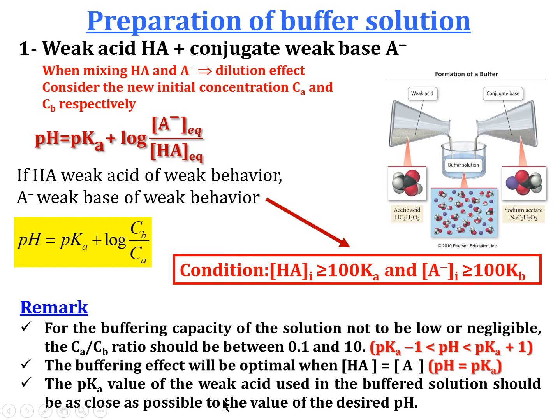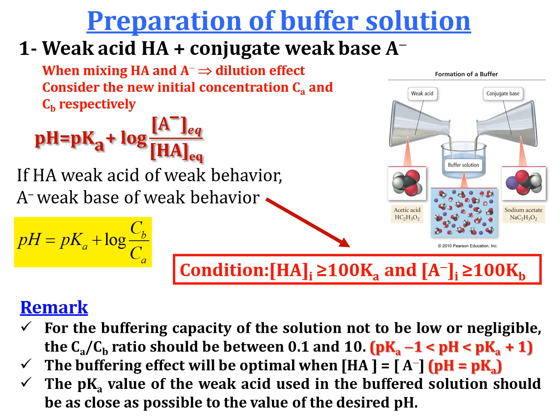The pKa value of the weak acid used in the buffer solution should be as close as possible to the value of the desired pH. Suppose we want to prepare a buffer solution of pH 4. It's better to consider a couple HA/A- of pKa around this value.